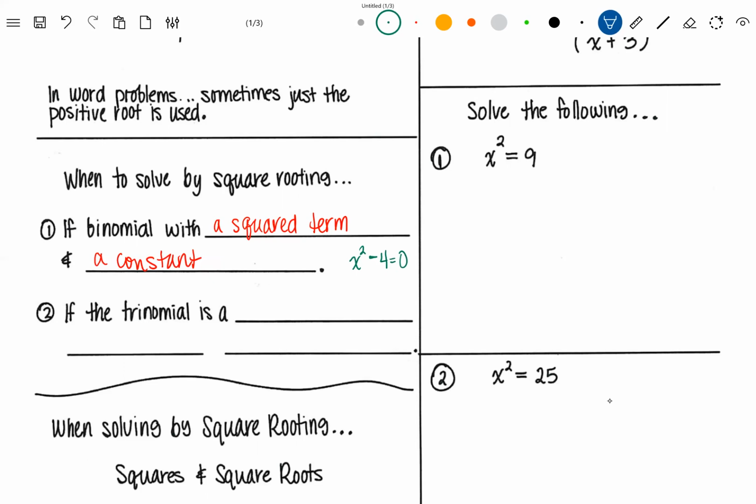All you have is a squared term and a constant. This could be 3x squared minus 4, but you don't have something like plus 2x. It can't be like 3x squared minus 4x. That can't be solved using square root. Only if it's a squared term and a constant. Or if the trinomial is a perfect square trinomial, and we'll talk about that in a minute.